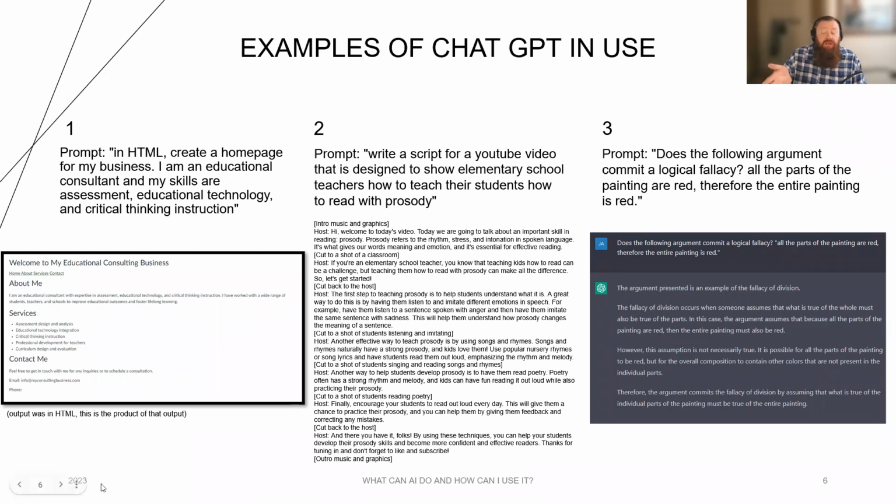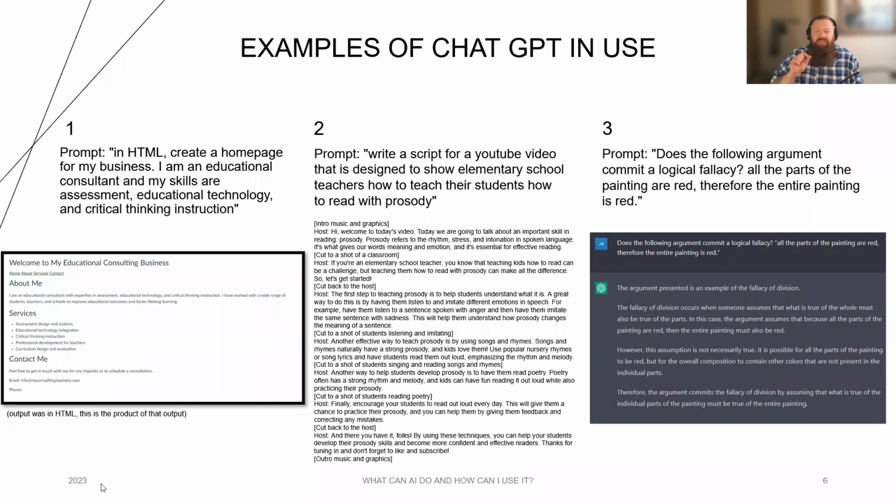The content of the lesson of how to teach prosody is not superficial necessarily, but it hits the right notes, though it's not a super complex melody, right? But it did correctly identify the structure. It knew what I wanted.